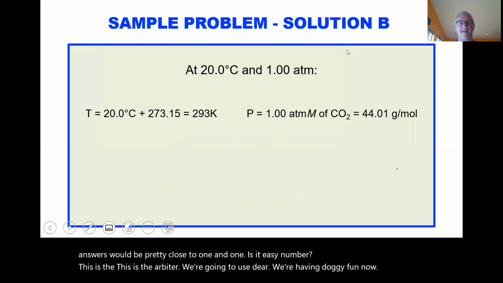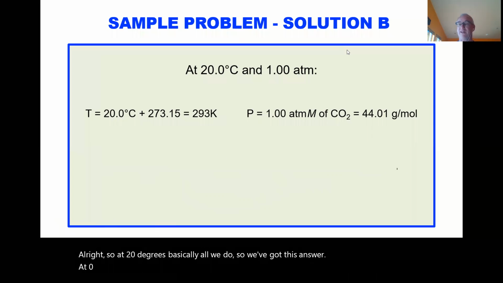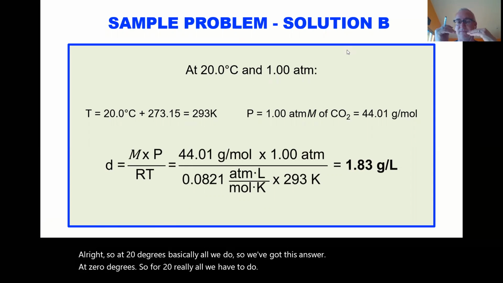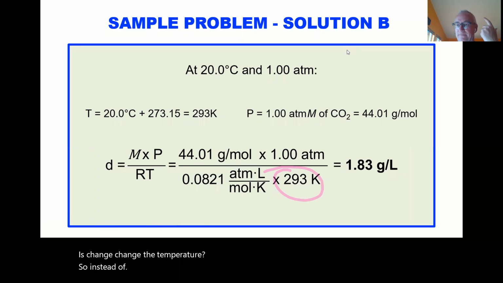All right. So at 20 degrees, basically all we do, we've got this answer at 0 degrees. For 20, really all we have to do is change the temperature. Instead of 273, it's now 293.